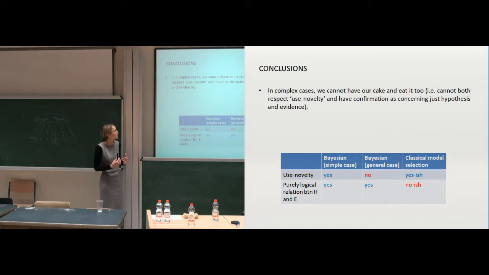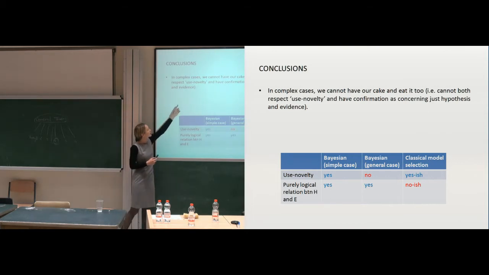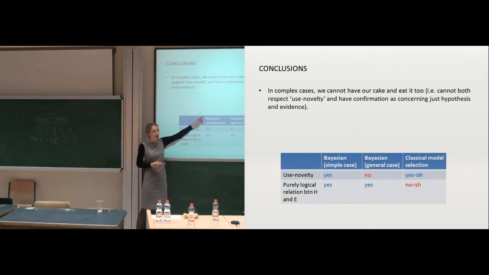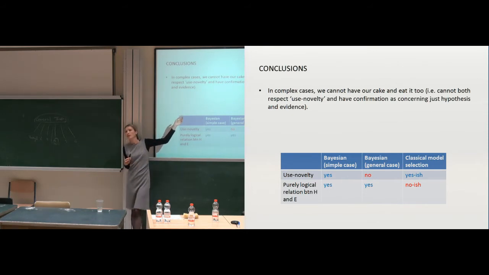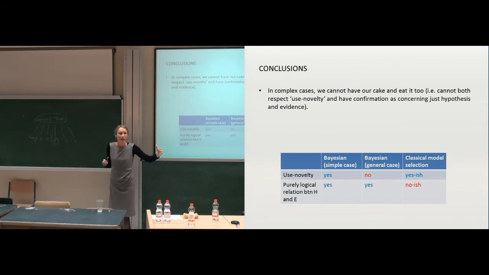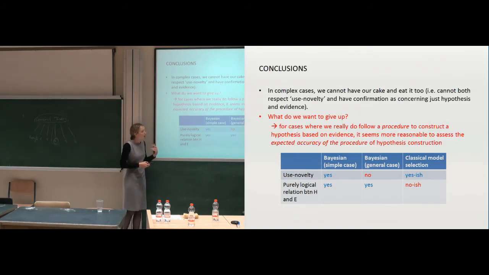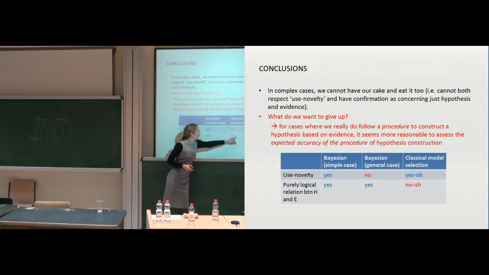We can't both respect this use-novelty condition, perhaps the way Worrall spelled it out, that data that's used for calibration can't be used for confirmation, and also have confirmation as just concerning hypothesis and evidence, right? So we can't have both of those things together. So what do we want to give up? I mean, do we want to stay on this side, basically, or this side?